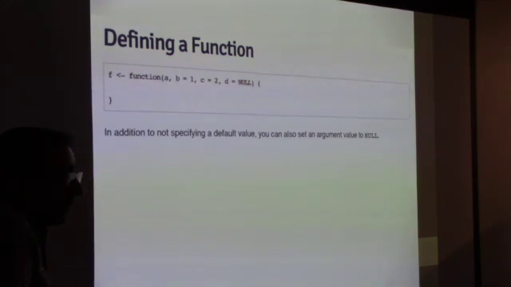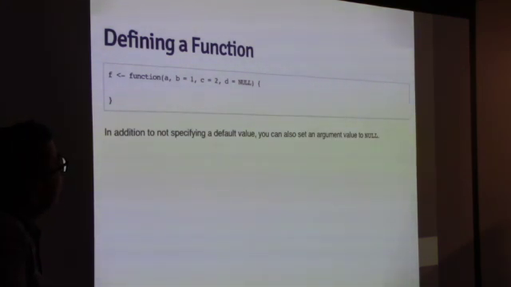Actually, you can. What's going on here is that you're saying there is something that will be used as a default value in case you don't pass a value for B and C. So B, C, and D have default values. A does not. So what is a default value? A default value is a value to be used in case you call the function and you only define the value for a, say a equals 5.